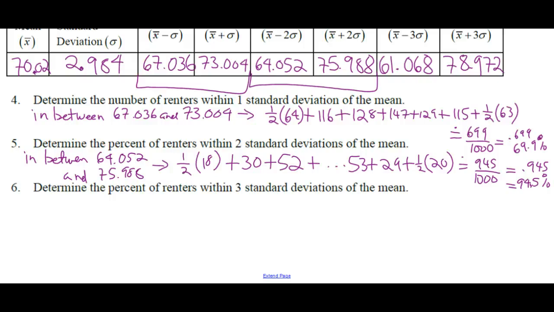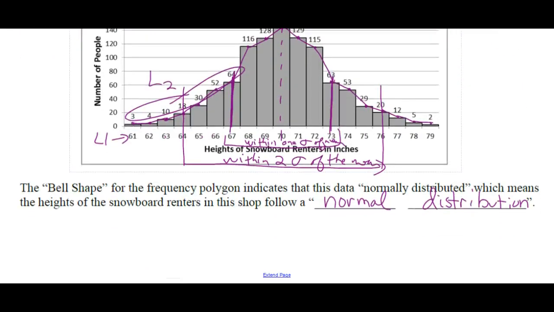And within 3 standard deviations of the mean, so that's this guy, 61.068, so 61 to 79 really. So from 61 to 79. Remember, 61 or 79 is represented by this middle dot.